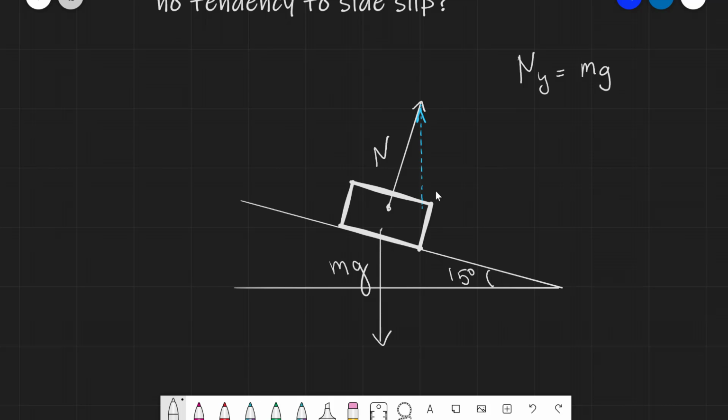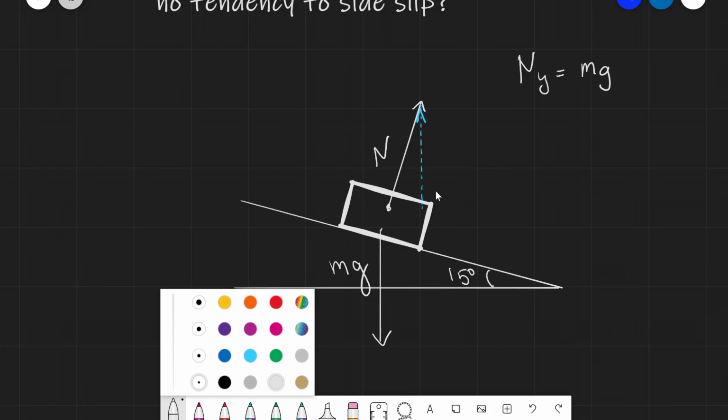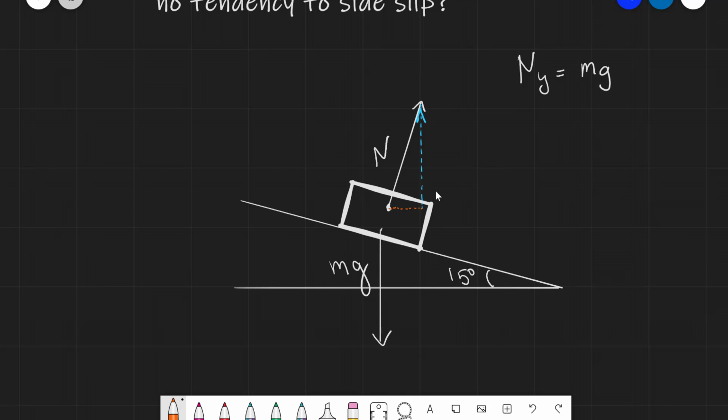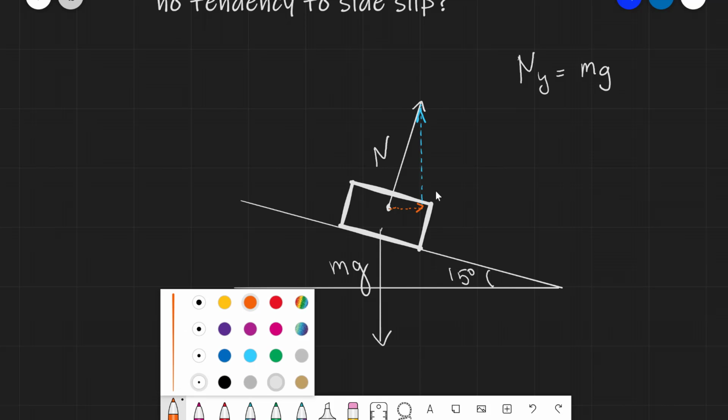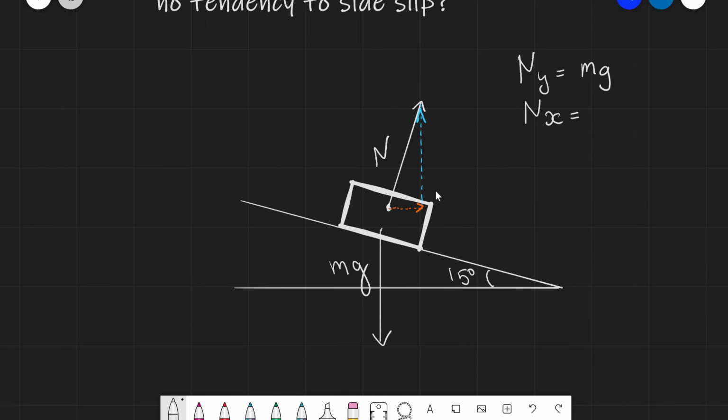It will also have a horizontal component, and let's draw that as well. Let's pick orange. So let's say that the car is moving this way, and that component will be, let's call that nx. Nx will be providing the centripetal force, which is mv squared divided by r.